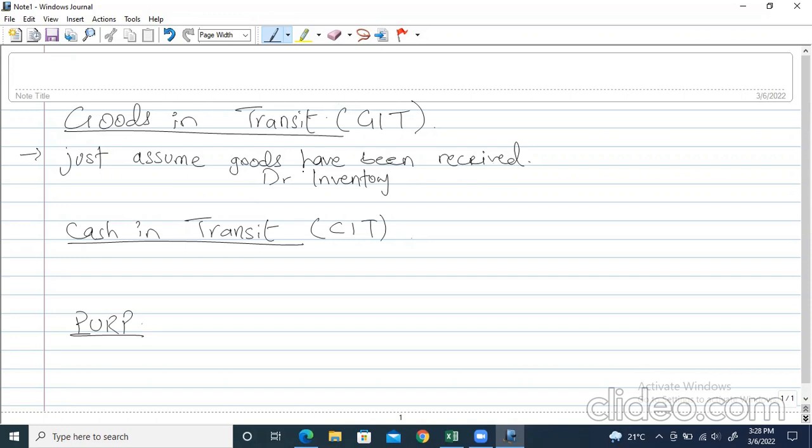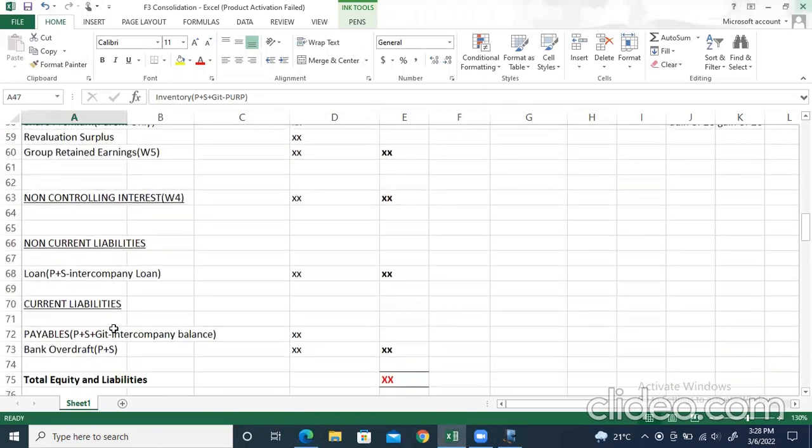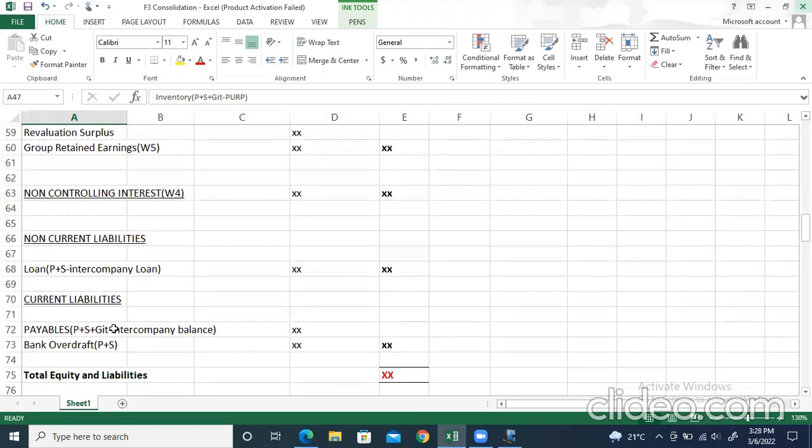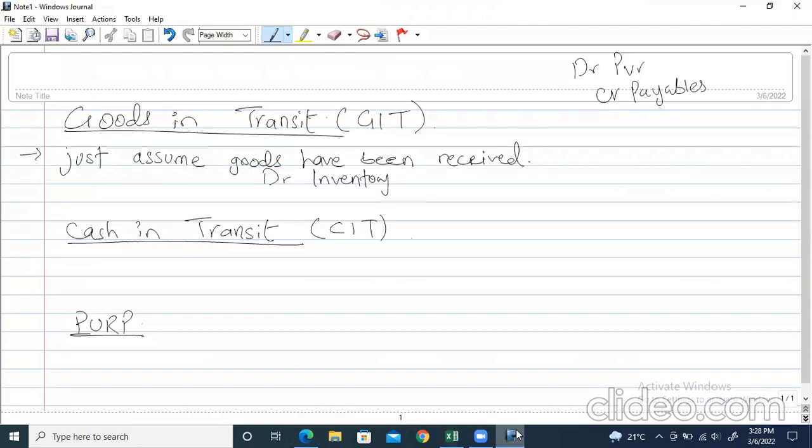And if you remember, when we purchase something, we create a payable. We do: debit purchases, credit payables. So secondly, we also credit the payables here.